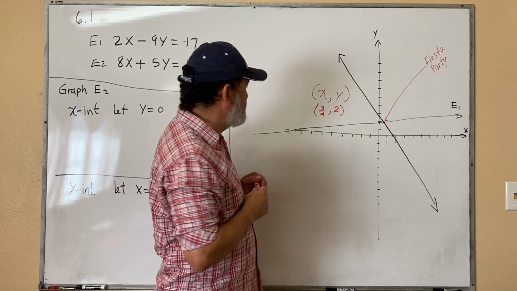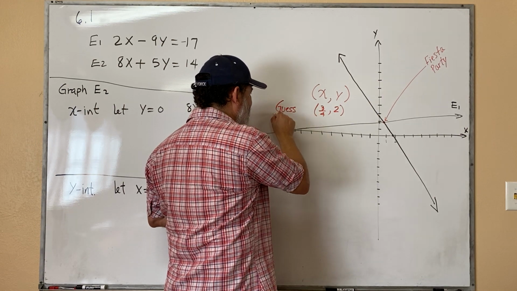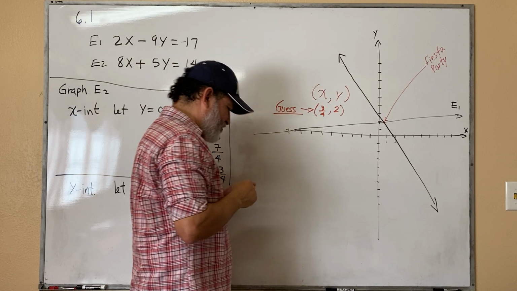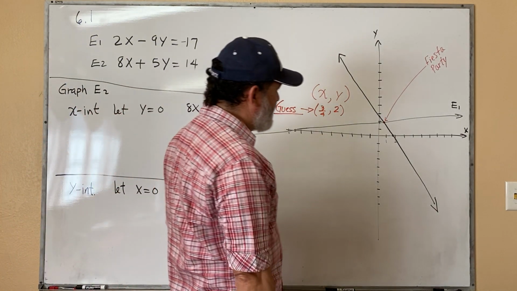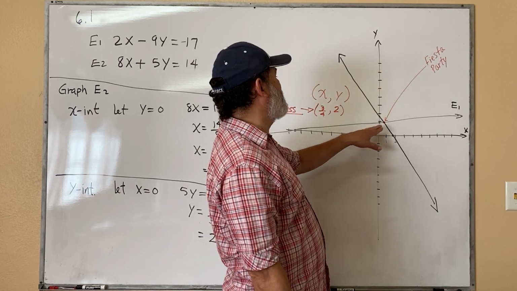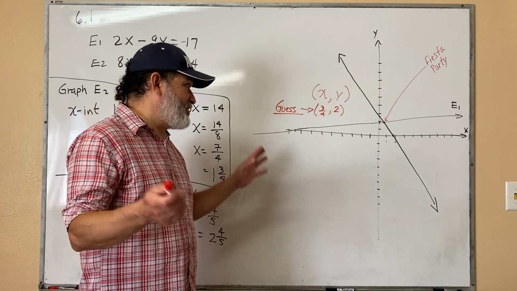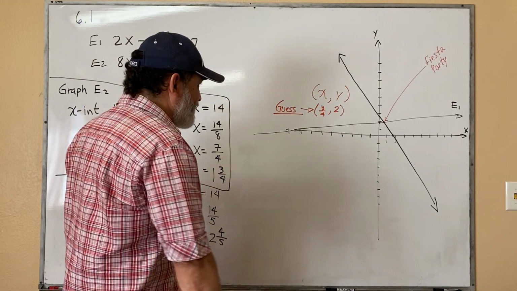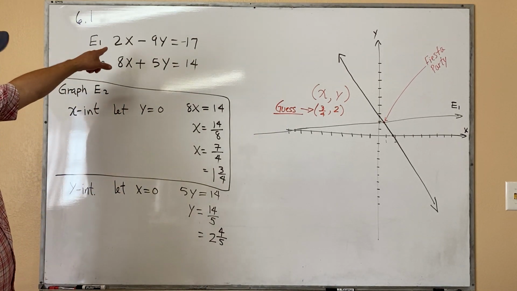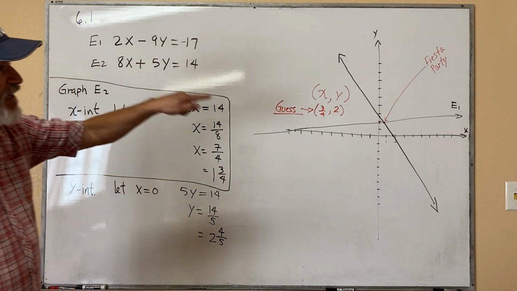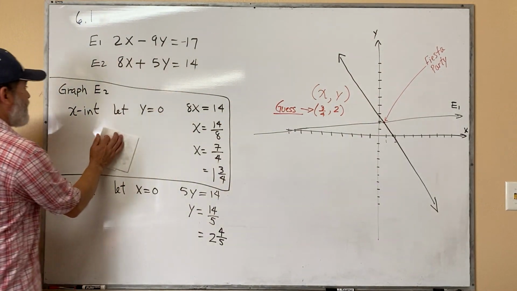This is a guess. And we're lucky here because we can really guess for this system. It's not too bad. Sometimes you won't be able to tell. So this is just a wild guess. By graphing is not the best way to solve the system.